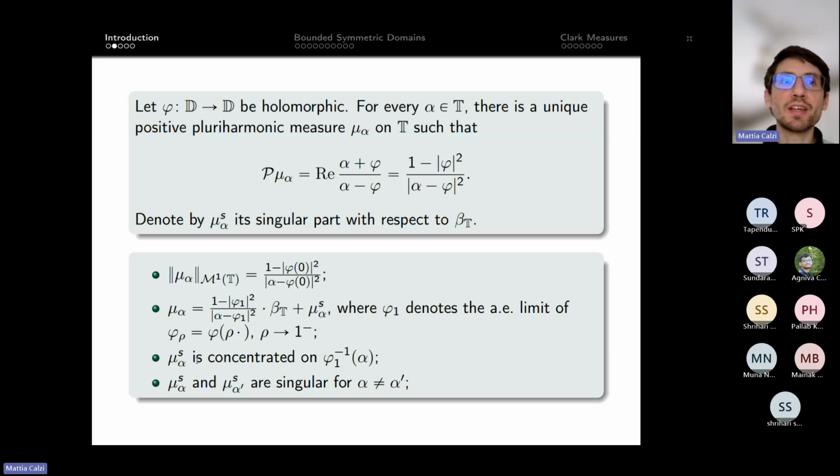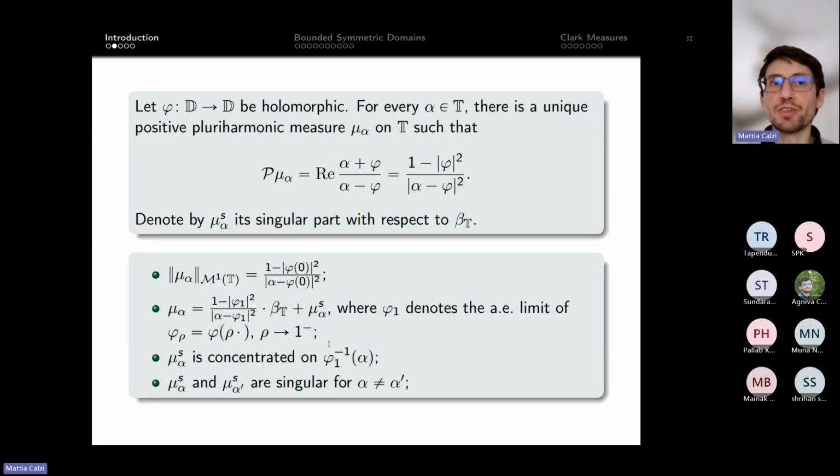So an alpha prime belongs to this set if phi of rho alpha prime has a limit for rho tending to 1, and this limit is alpha. This set is a Borel set, but in general, it may be a very rough set.